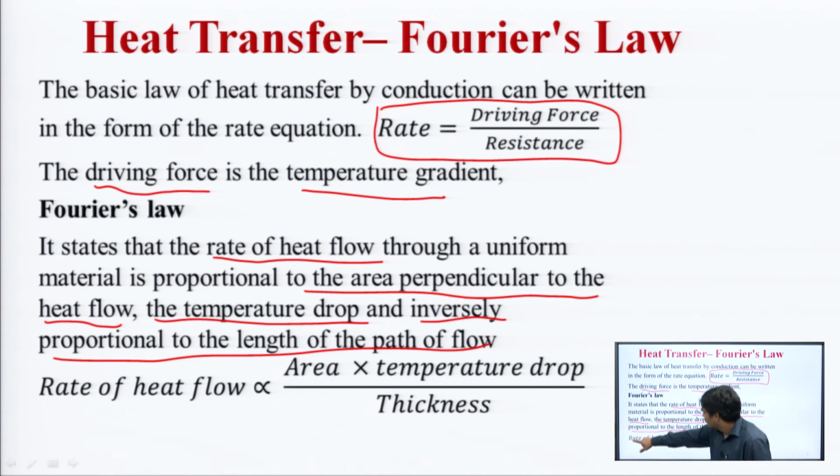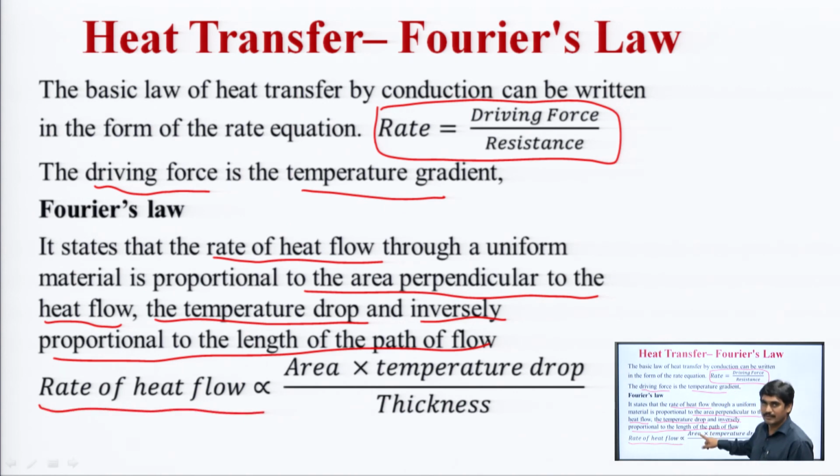So, this law can be written as: rate of heat flow is directly proportional to area perpendicular to the heat flow and temperature drop, and inversely proportional to the thickness, or length of path of flow. So, with the help of this law, how the heat transfer takes place by conduction can be given.